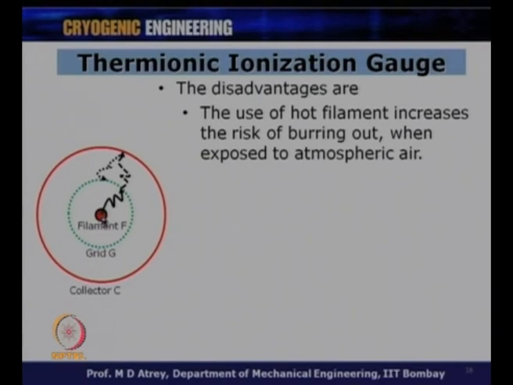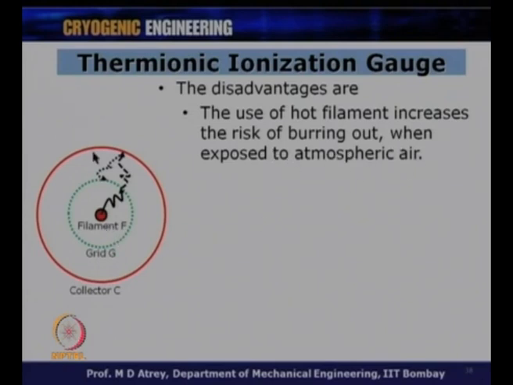So, normally this will be used in the molecular region from 10 to the power minus 3 to minus 7 millibar, but if by mistake it gets exposed to atmospheric conditions, that means you start right from the beginning, this gauge cannot be used from room temperature or from ambient pressure. But if it happens, somebody just presses this button, the filament can get burnt, because it will be surrounded by high density oxygen gas. The use of a hot filament increases the risk of burning out when exposed to atmospheric air.